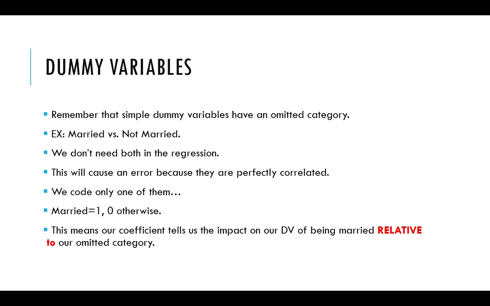This means our coefficient, when we put married in our model, tells us the impact on our dependent variable of being married, but this is the key part, relative to the omitted category. Our omitted category is being not married. So it tells you the effect of being married on your dependent variable relative to not being married.